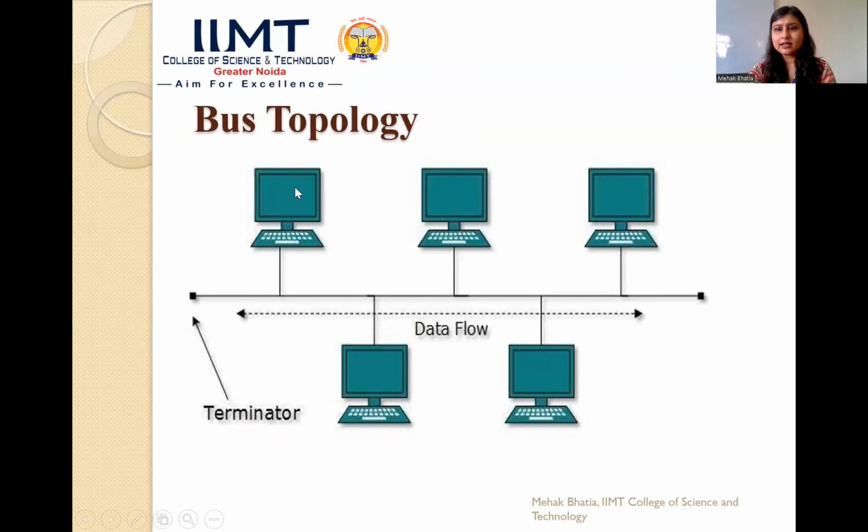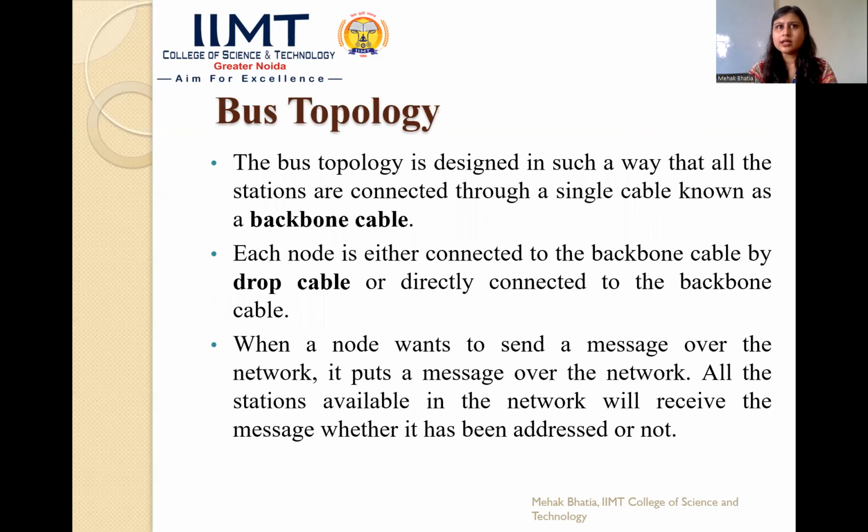Suppose this device is called A and the other device is called B. If A wants to send a message to B, it has to send it across the network, and all the other nodes can also access that message. This is one of the features of the bus topology: the message sent across the network is broadcast. Broadcast means it is available for all the other devices as well, whether it has been addressed to them or not.